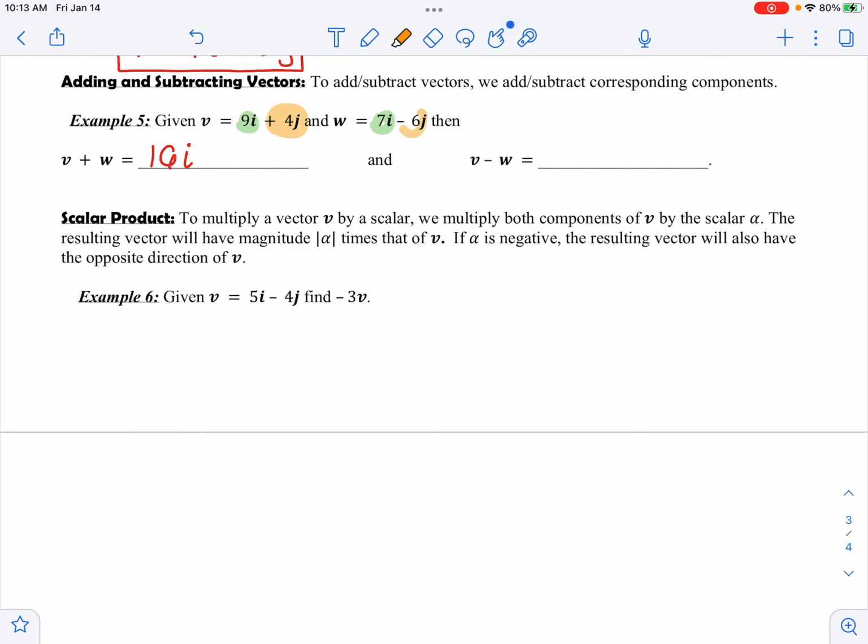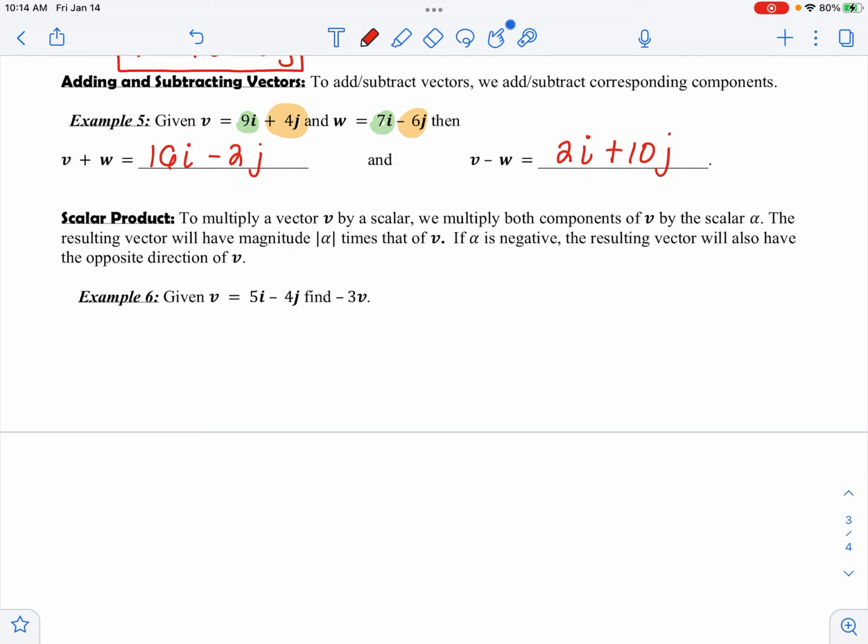And then I would add the j values. A positive 4j and a negative 6j is a negative 2j. So 16i minus 2j. If I wanted to subtract them, I would just subtract those two values. So 9i minus 7i is 2i. And then 4j minus a negative 6j is 10j. So 2i plus 10j.